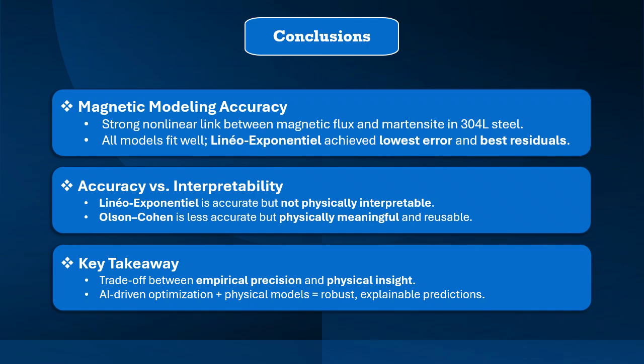This highlights the trade-off between prediction and the meaning of the parameters. Optimization with physical models gives a balanced, explainable approach to martensite transformation.